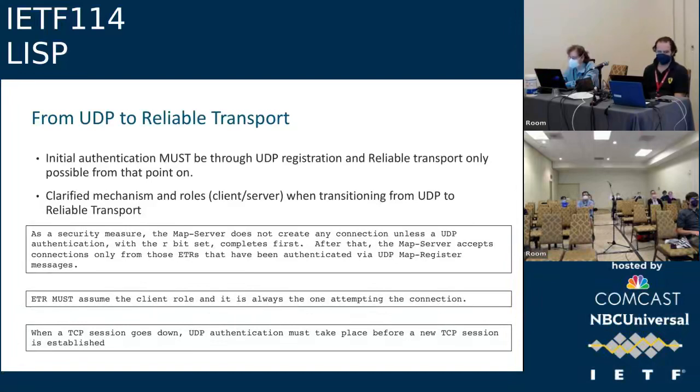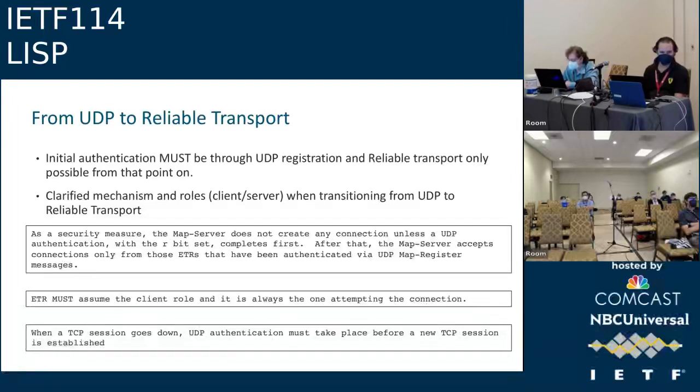It should not even open the possibility until at least one ETR has registered with UDP and has expressed the intent to switch to reliable transport. Once an ETR expresses that intent, the map server puts this ETR in an acceptance list, and from that moment on, it will start accepting connections from this ETR.